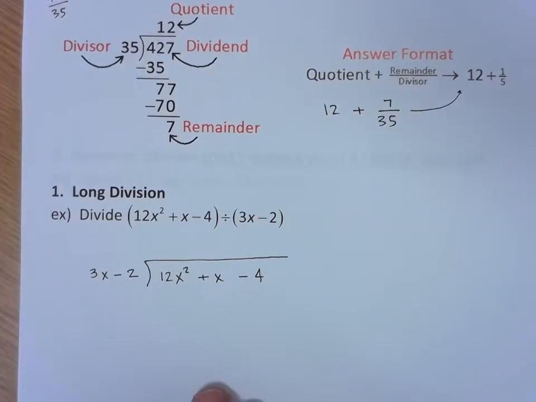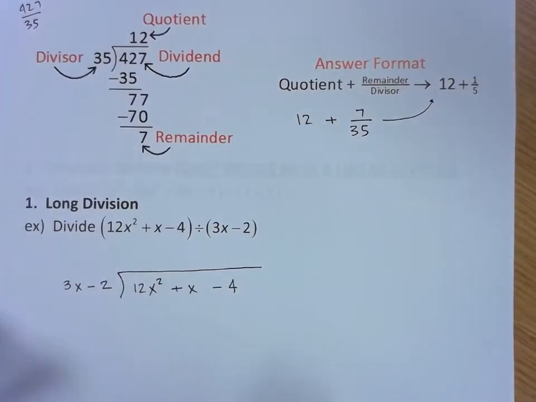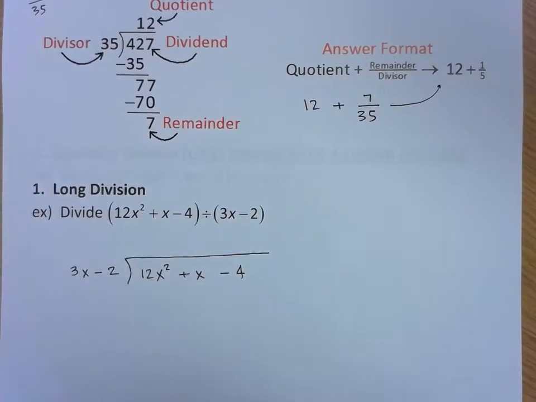Now you're probably going to need to watch this video a couple of times if you're new to doing long division, or even synthetic division that I'll show you here in a little bit, just because it does mimic the numerical version perfectly, but you just got to be really careful about where you build your quotient from.